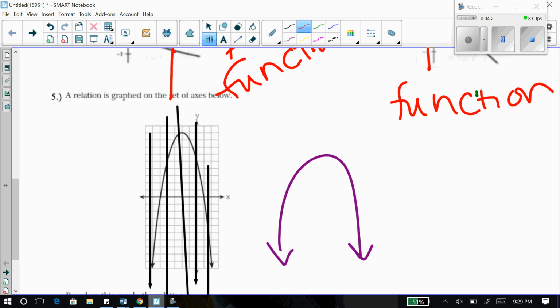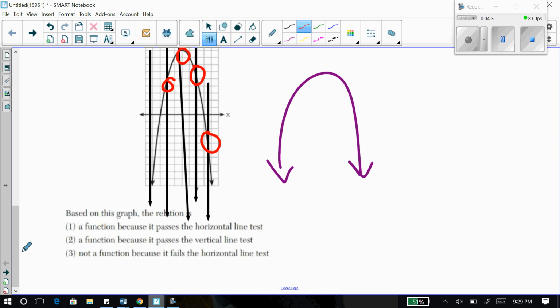So no, it looks like the graphs only hit in one spot every single time. So it is a function. So we're between 1 and 2. Now it is a function because it passes the horizontal line test, or it is a function because it passes the vertical line test. The choice is always vertical line test. This horizontal line test is something we do not talk about in this class. Always, always, always the vertical line test is what makes something a function.